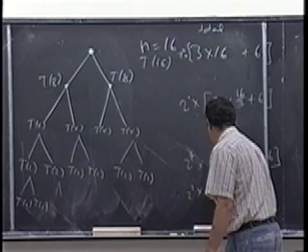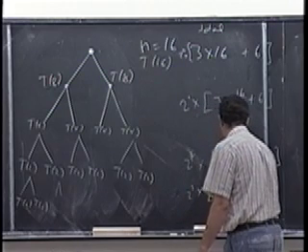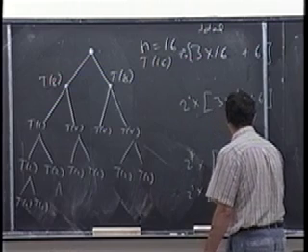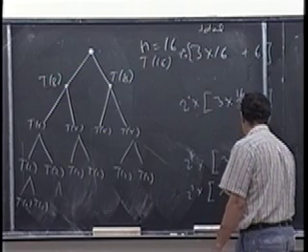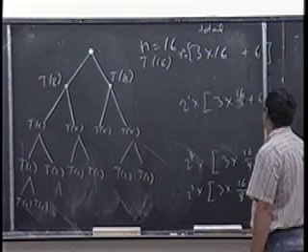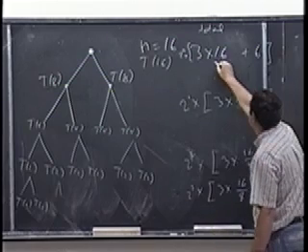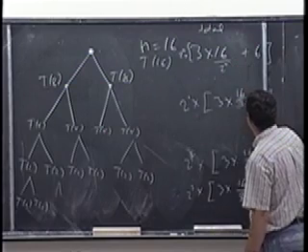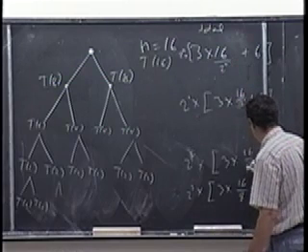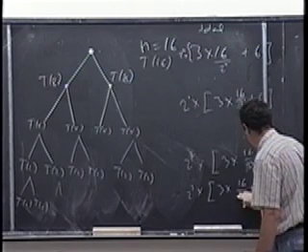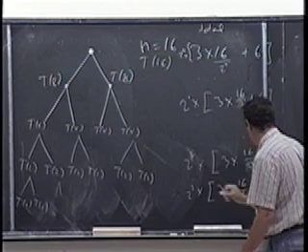Two to the third times 3 times 16 over 8 plus 6. And actually these, now I can start seeing the pattern even better. 2 squared, 2 to the third.